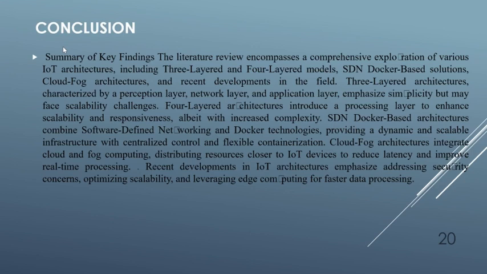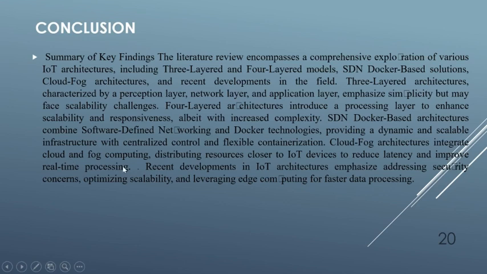Four-layer architecture introduces a processing layer to enhance scalability and responsiveness, albeit with increased complexity. SDN Docker-based architecture combines software-defined networking and Docker technologies, providing a dynamic and scalable infrastructure with centralized control and flexible containerization. Cloud-fog architectures integrate cloud and fog computing, distributing resources closer to IoT devices to reduce latency and improve real-time processing.